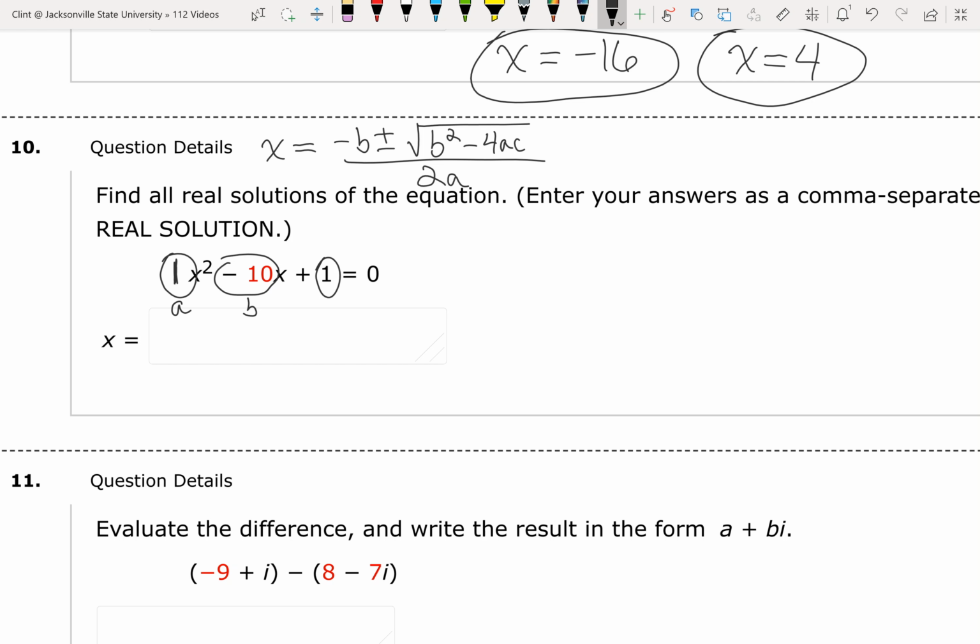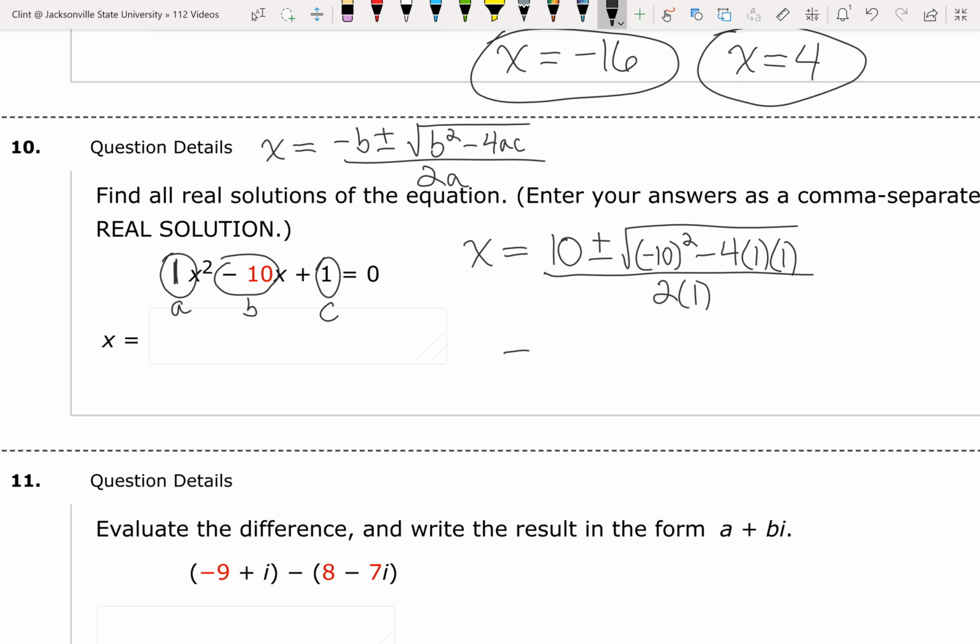And then our c is also 1, so hopefully it won't be too bad. The opposite of b, so b was negative 10, so now we're going to have positive 10, plus or minus negative 10 squared, use parentheses, minus 4 times a times c, all over 2 times a.